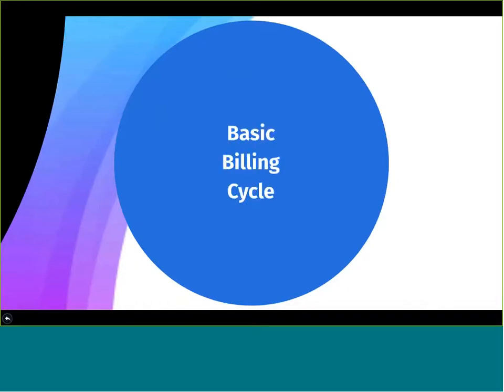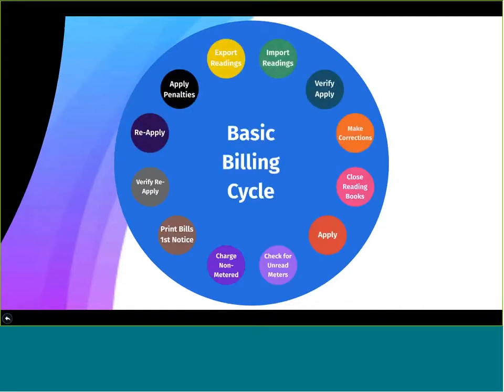All right. So you all have probably seen this before. This is just the basic billing cycle. Export readings, import readings, verify, apply, make corrections, close reading books, apply, check for unread meters, charge non-metered accounts, print bills and first notices, verify, reapply if needed, reapply and apply penalties.